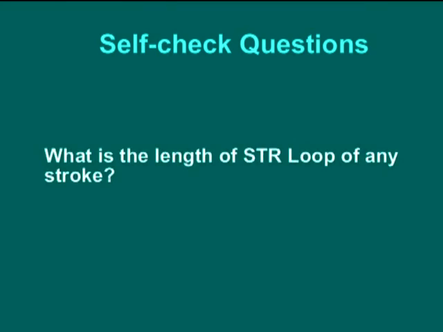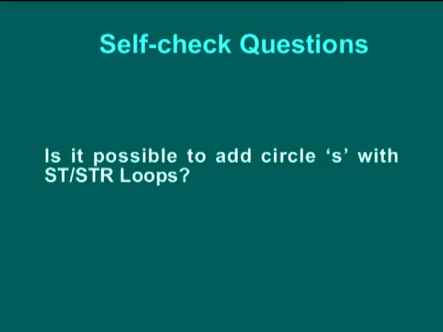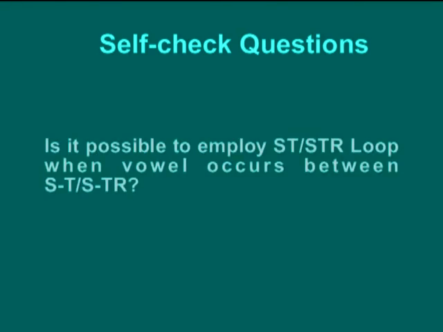What is the length of the STR loop of any stroke? Is it possible to add circle S with ST or STR loops? Is it possible to employ the ST or STR loop when a vowel occurs between S, T, S and TR?